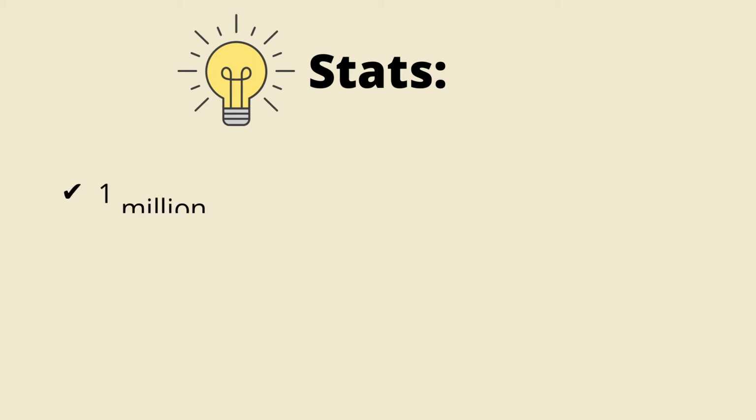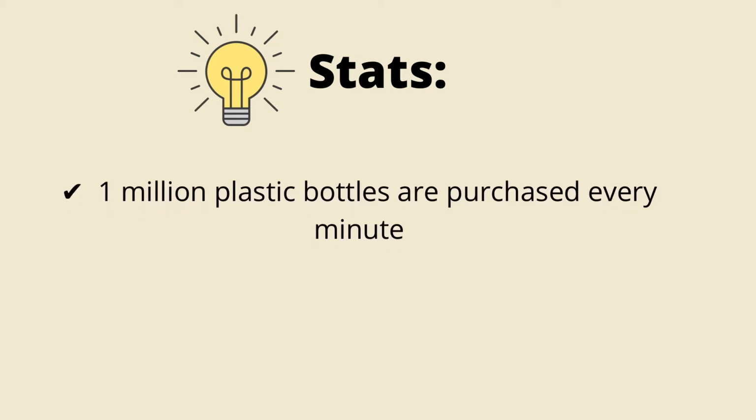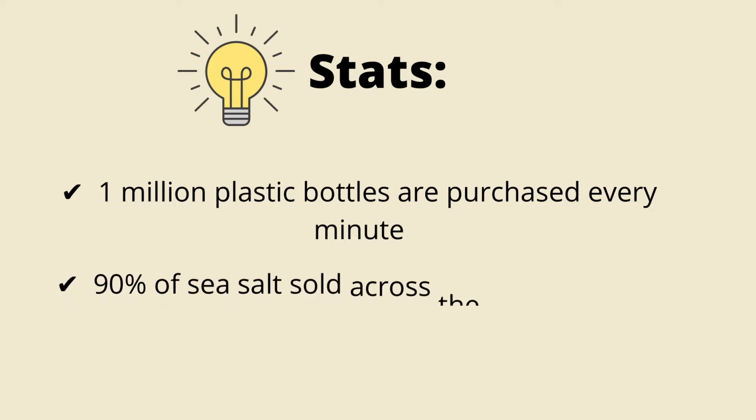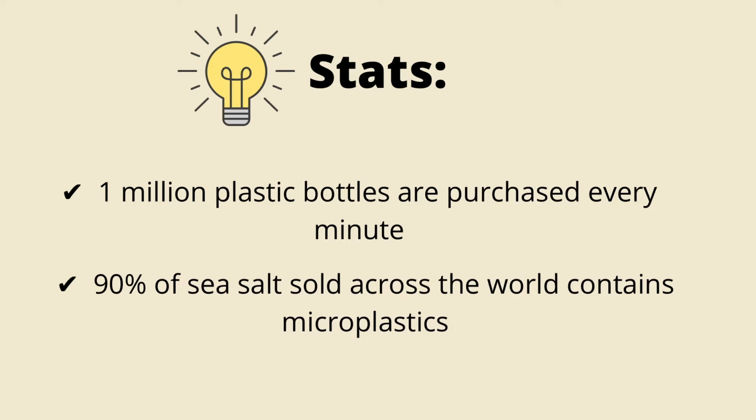First, 1 million plastic bottles are purchased every minute. Second, 90% of sea salt sold across the world contains microplastics. This is so shocking to me, and I'm glad that I used this as an example, so it reminds me and my viewers to not use plastics as much as we could.